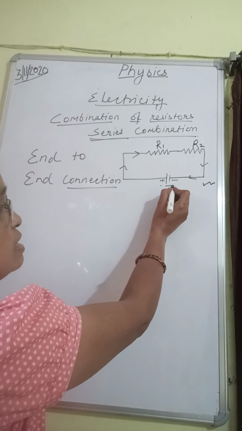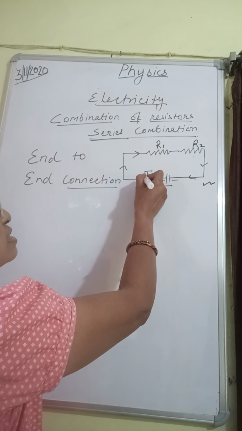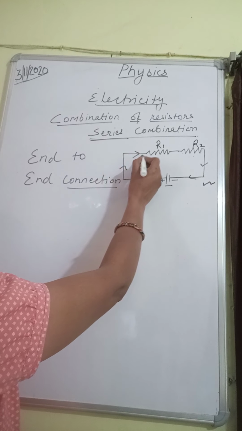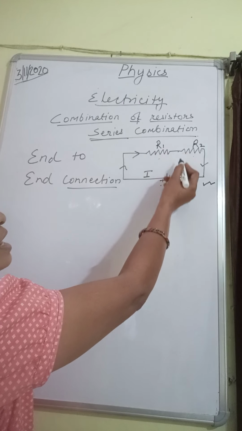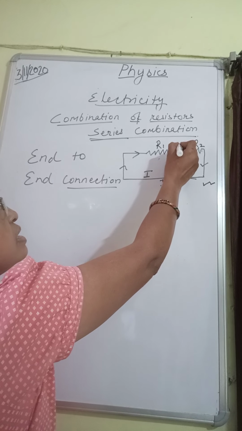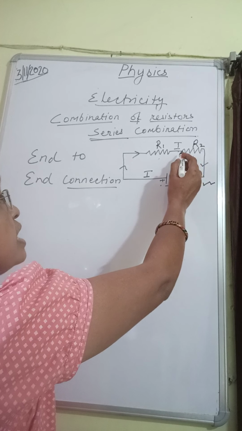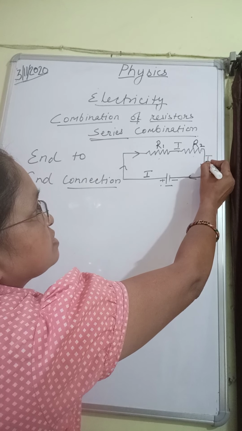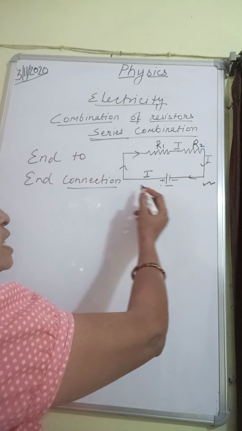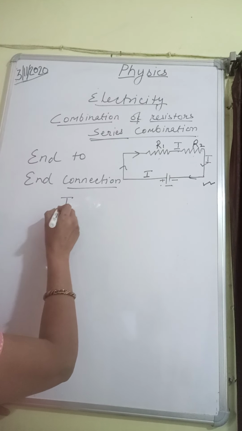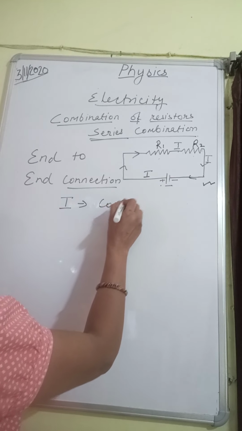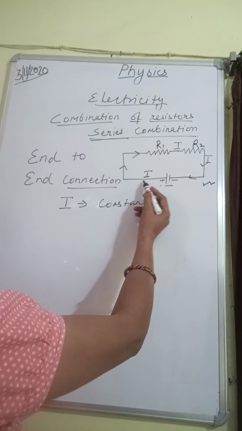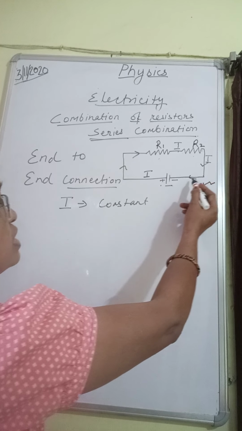Suppose this cell is giving current I. As I passes in this direction, it enters R1 and comes out, that is the same I. Again it enters R2 and comes out into the circuit, that is I. So in the whole circuit you are seeing that I remains constant, that means the current remains constant, wherever you take it. And for this current there is only one path to flow.